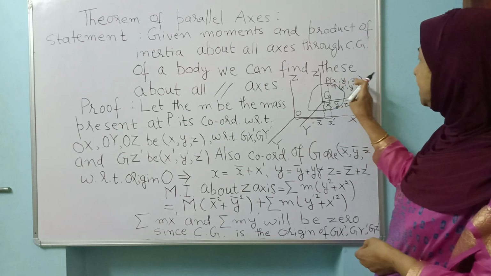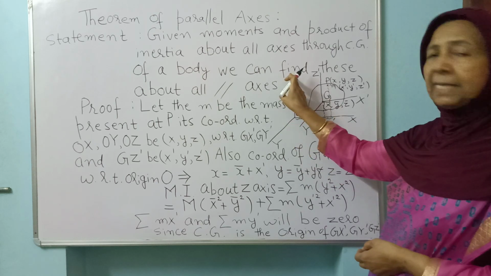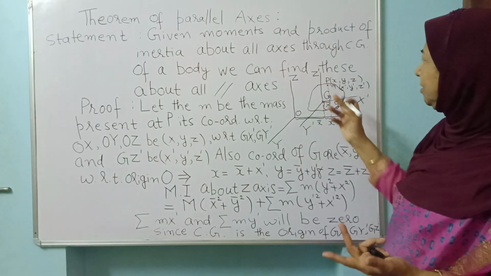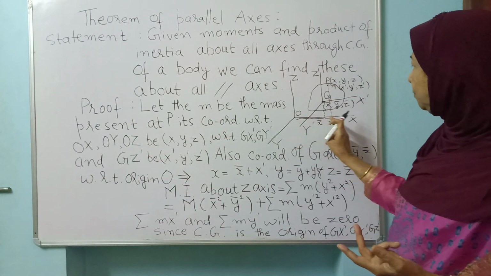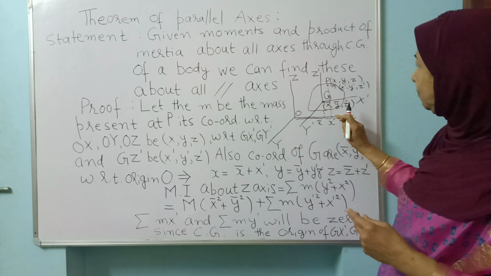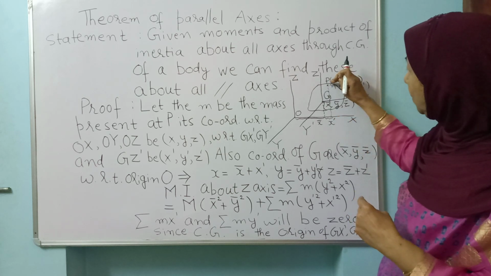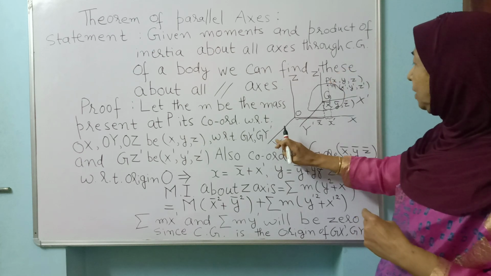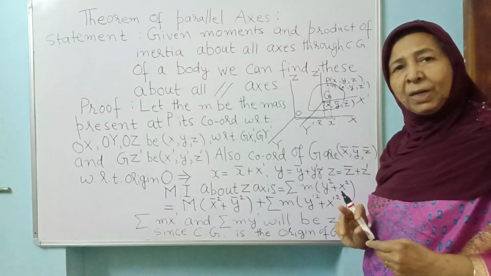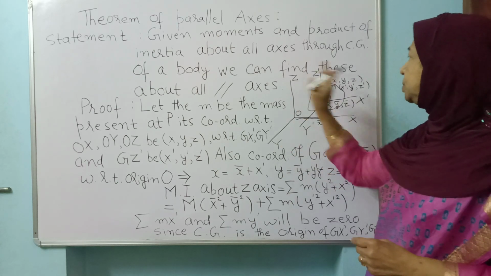So these x, y, z are the coordinates with respect to the x-axis, y-axis and z-axis. It is in 3 dimensions, but roughly this length will be your x, the length of the perpendicular dropped from P on the plane XOY. Okay, so P has coordinates x, y, z with respect to OX, OY, OZ.